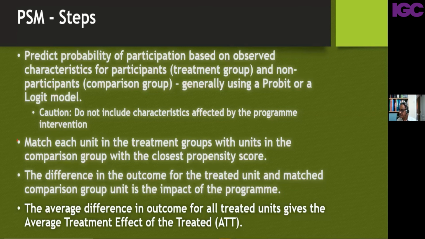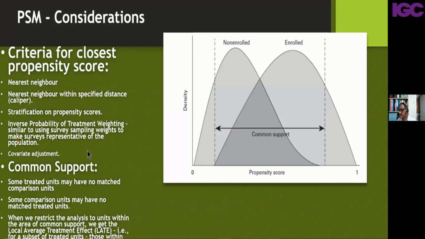So a few things to note. When you estimate the propensity score for both the participants and the non-participants, you need to have a criteria for choosing what is a close propensity score.